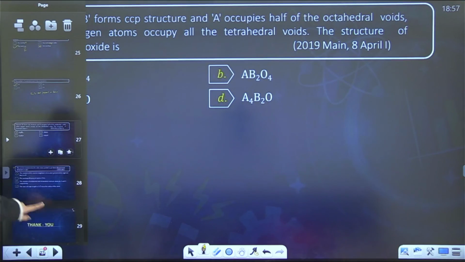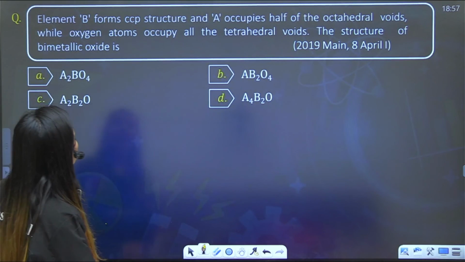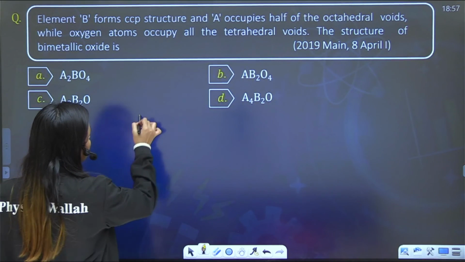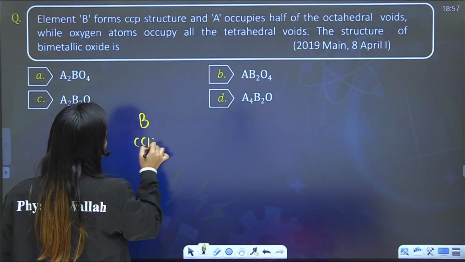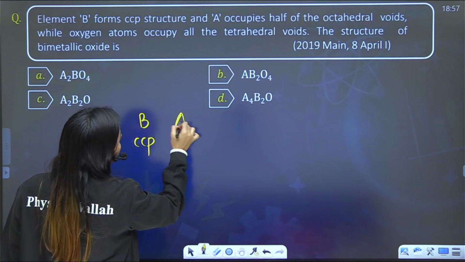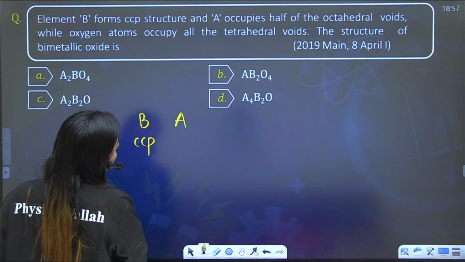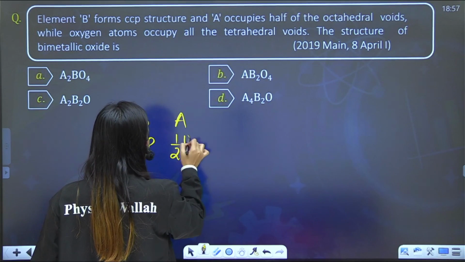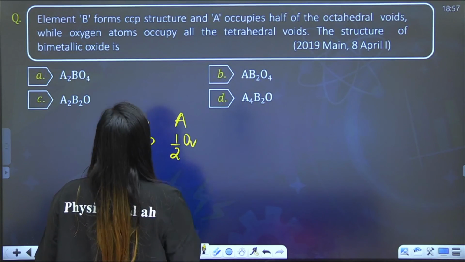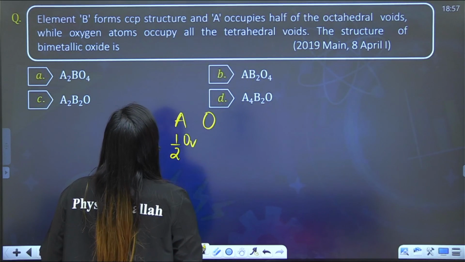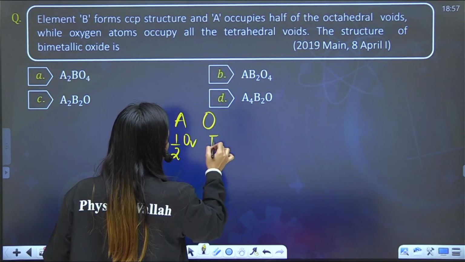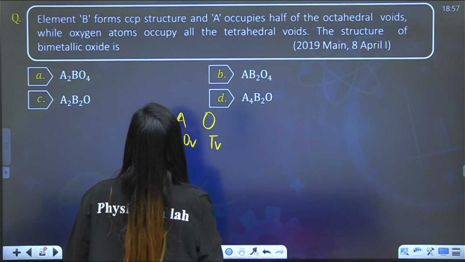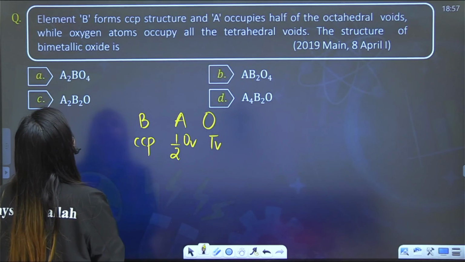Now let's try to do this question. The question says that you have element B which forms CCP, and element A occupies half of the octahedral voids, while oxygen atoms occupy all the tetrahedral voids. The structure of the bimetallic oxide is.